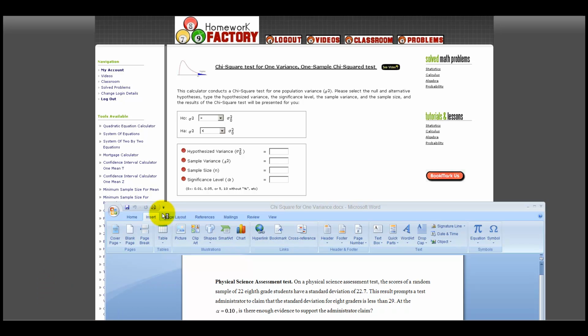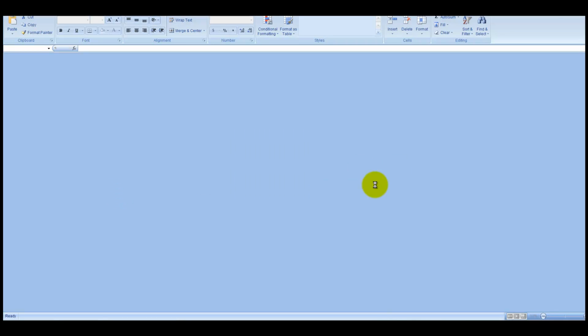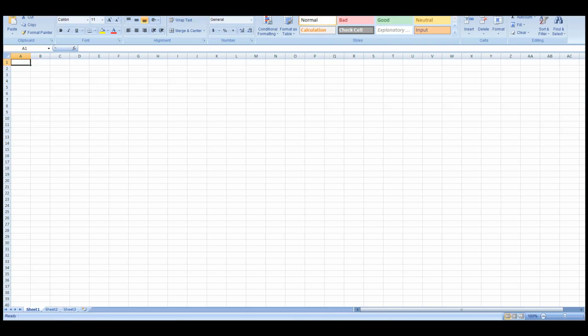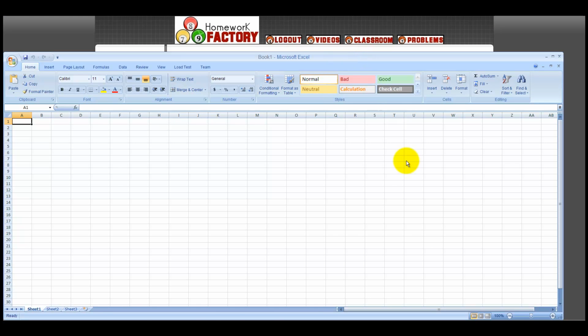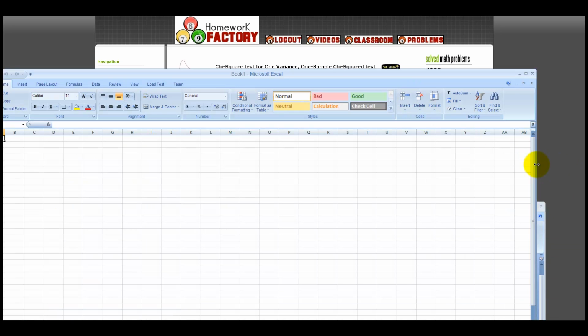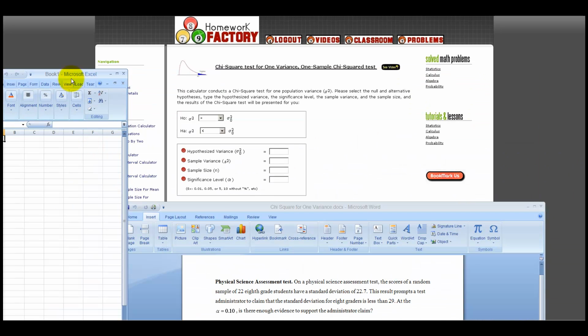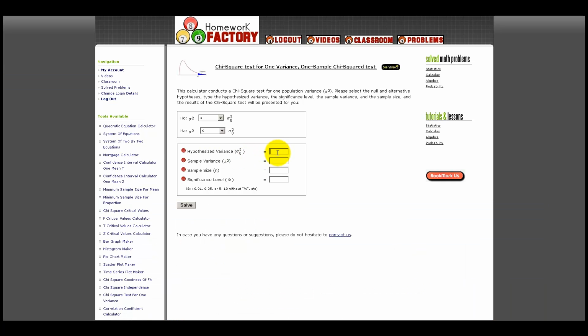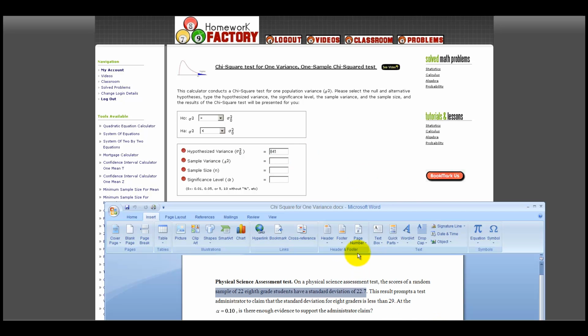You will have to open your Excel or a calculator or whatever you want, and compute 29 squared, which is 841. That's your hypothesized variance.